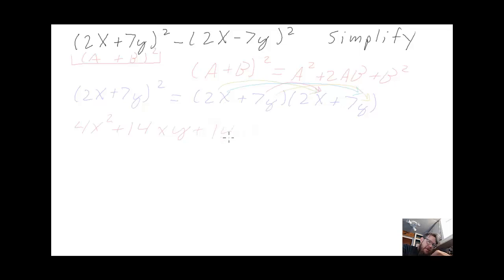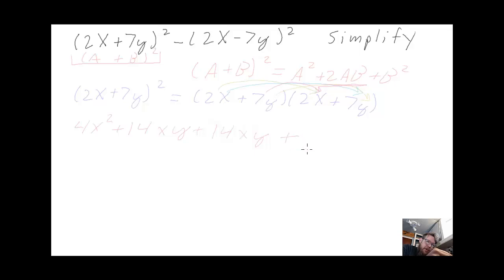So that'd be another 14xy, right? So we can see already from what's happening here where our formula comes from. We've got 2ab because we did 2x, which we could call a, times 7y, which we call b. Then we have to do it again. We take b times a. So we have 2ab. That's where that part of the formula comes from.